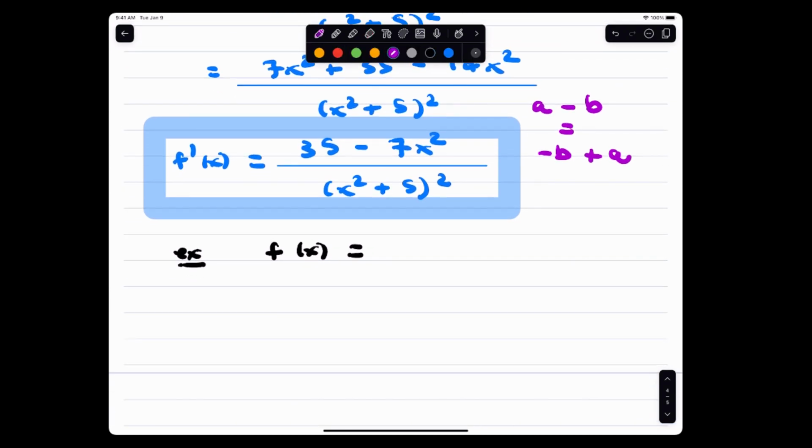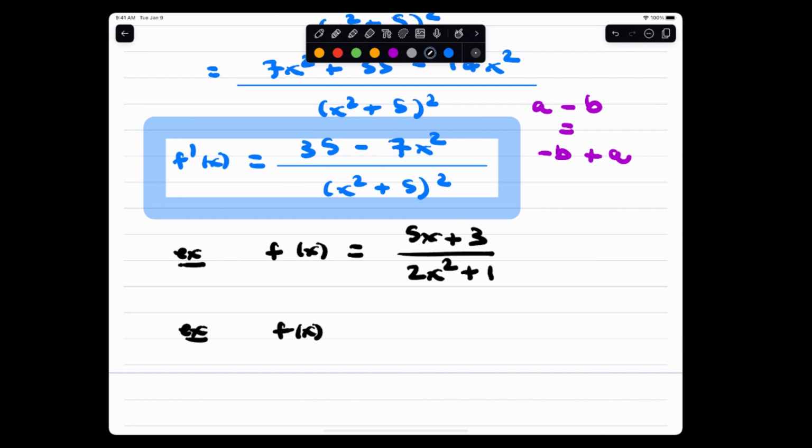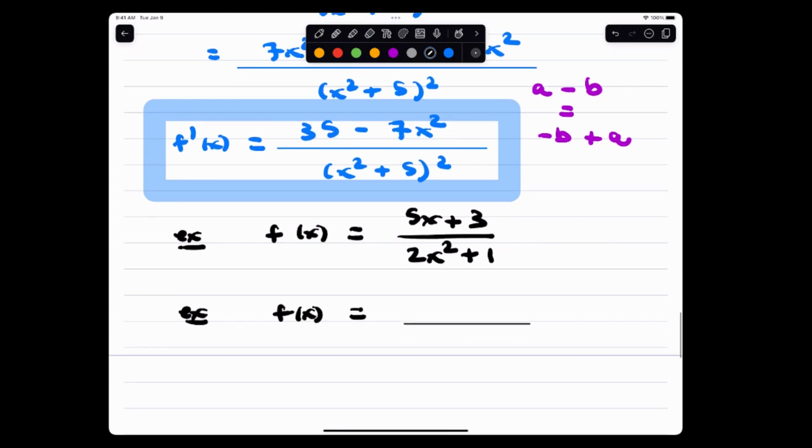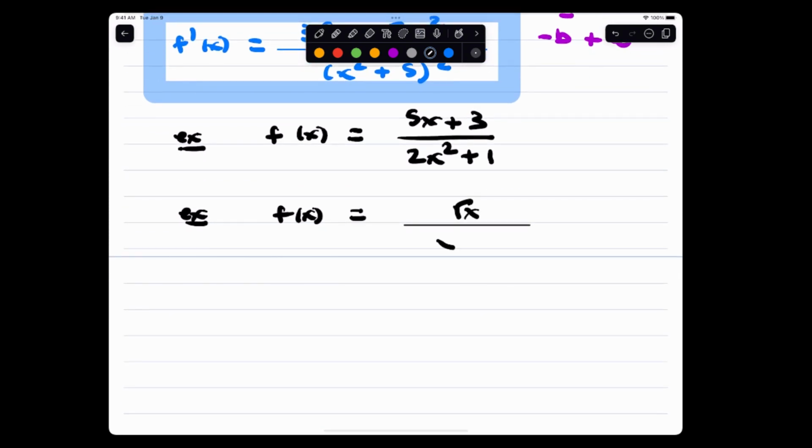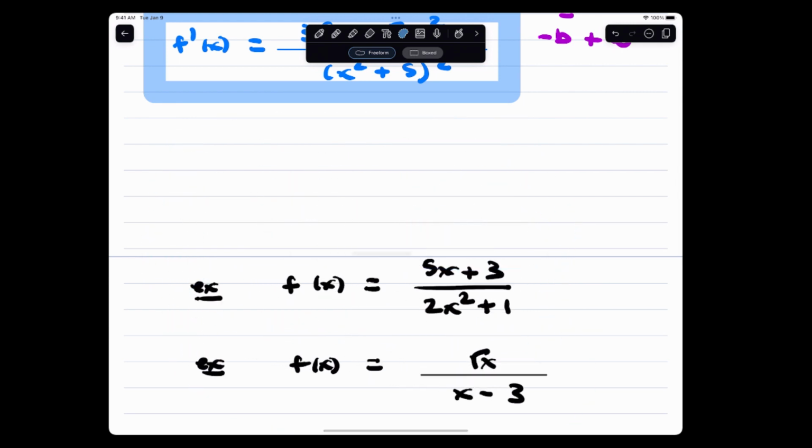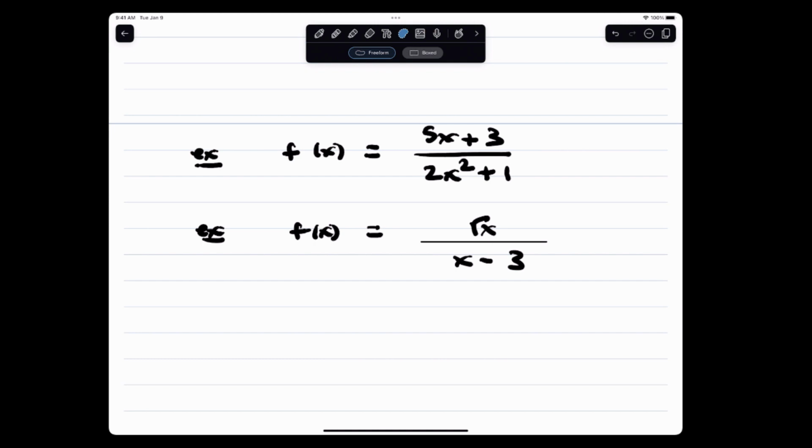All right, we'll give you a couple of them. 5x plus 3 over 2x squared plus 1. Okay, we'll give you guys some time to try these, and then let's give you another one.